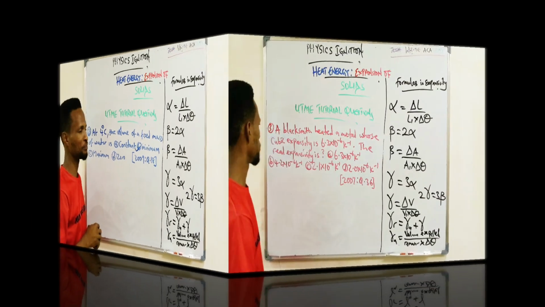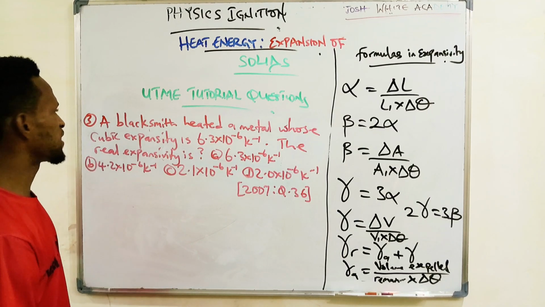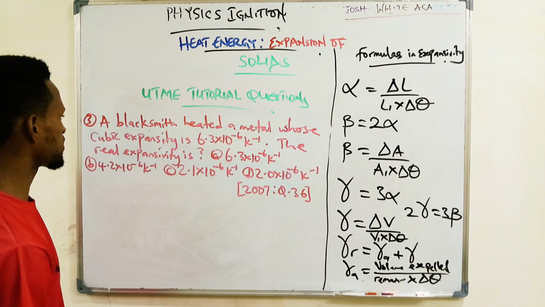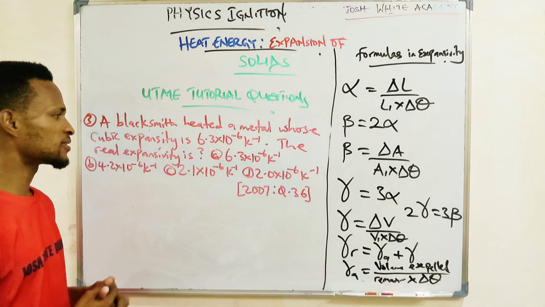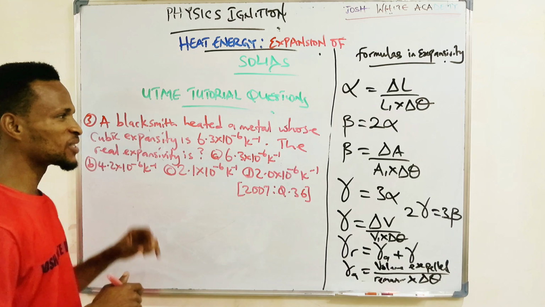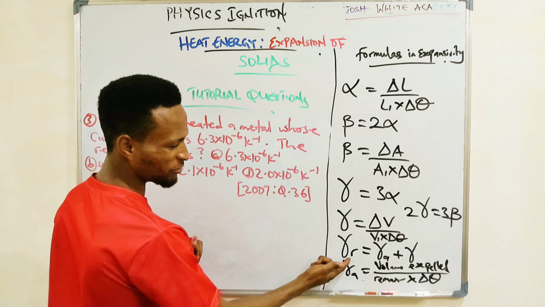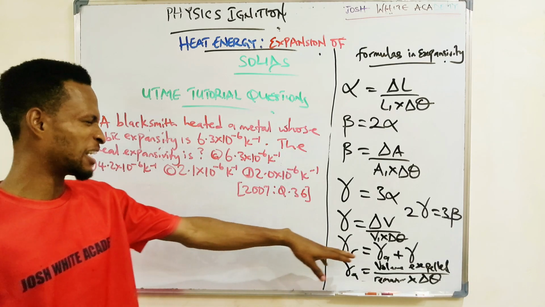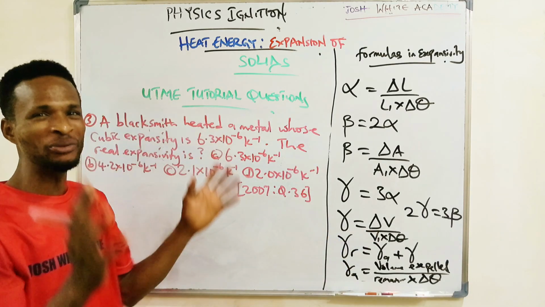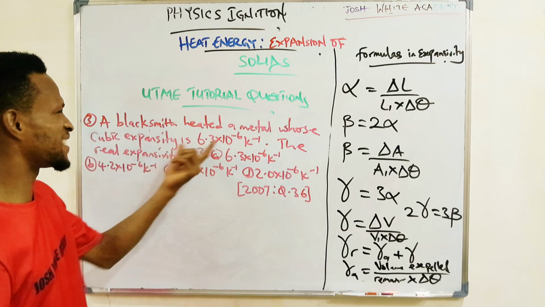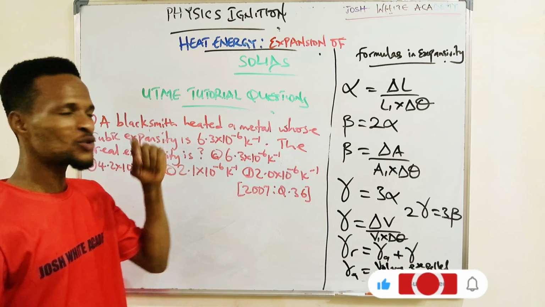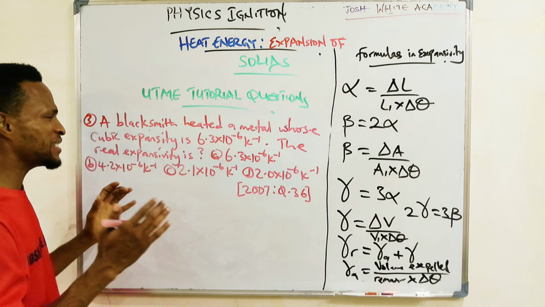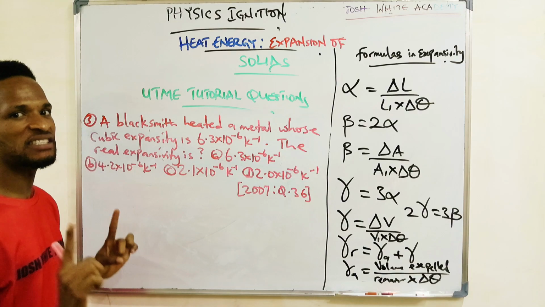To the next question. A blacksmith heated a metal whose cubic expansivity is 6.3 × 10^-6. The real expansivity is. Please don't confuse this with the real expansivity of a liquid. That's not what is meant here. Remember, real expansivity and apparent expansivity have to do with liquid, but our context here is a metal. So what this real expansivity means is the mean linear expansivity.